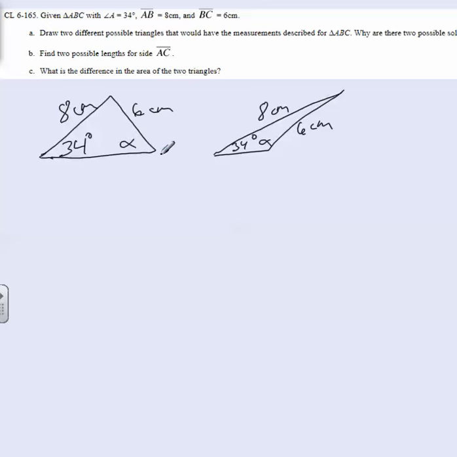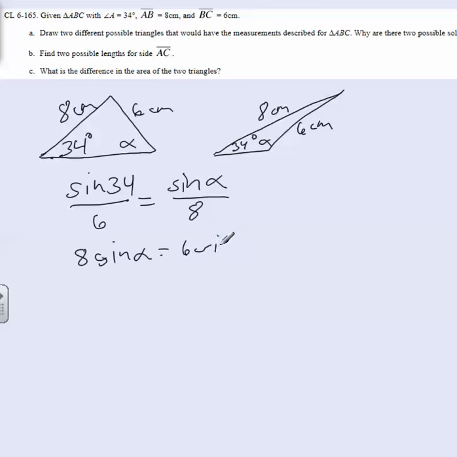So, setting up law of sines, it's the sine of the angle over the opposite side equals sine of the angle, alpha, over the opposite side. We get the same thing for both of these. So 8 sine alpha equals 6 sine, here we go.